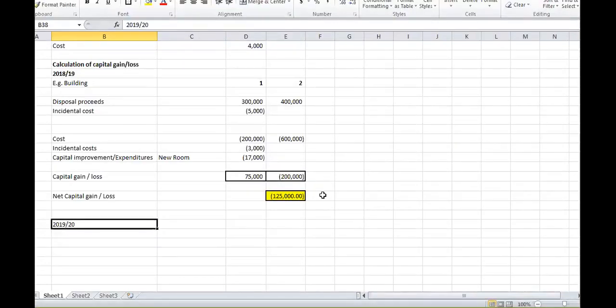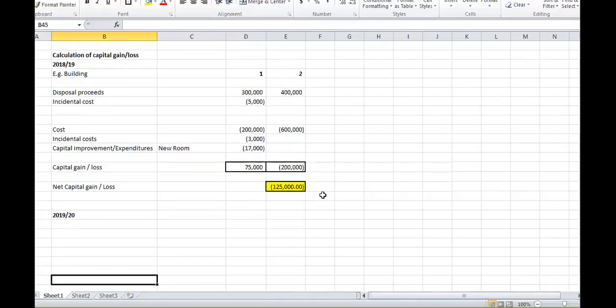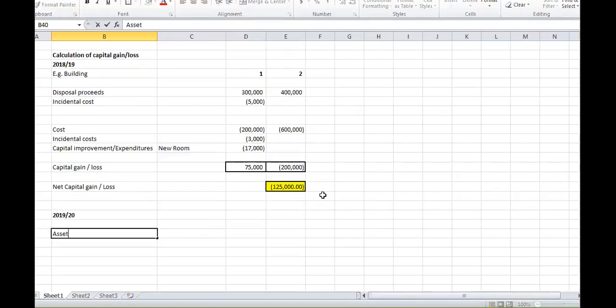In 2019-20, once again, we have sold different assets. We have sold, say, asset 1. It can be any asset. On asset 1, we have gain of, say, £60,000.